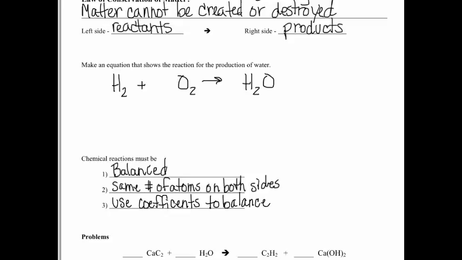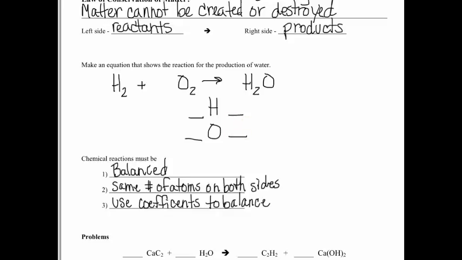So let's go back up to our formula here, and typically what I do is underneath the reaction arrow, I'm going to list all the elements in my reaction. This one's pretty simple. There's only hydrogen and oxygen. And then on either side of the element symbol, I put a line, and that's going to help me keep track of how many atoms of hydrogen are on the reactant side and the product side, and how many atoms of oxygen on the reactant side and the product side.